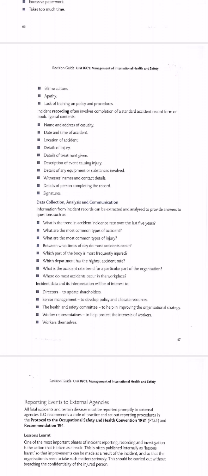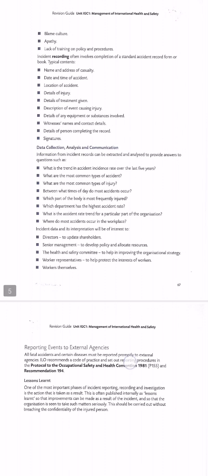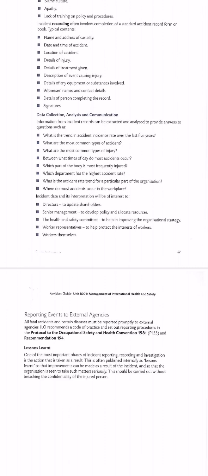Then we go further. Incident data and its interpretation will also be interesting. One, directors, to update shareholders. Incident data is important for directors, and for senior management to develop their policies and allocate resources, right? It's also important for health and safety, for the community, to help improve the organization's strategy.